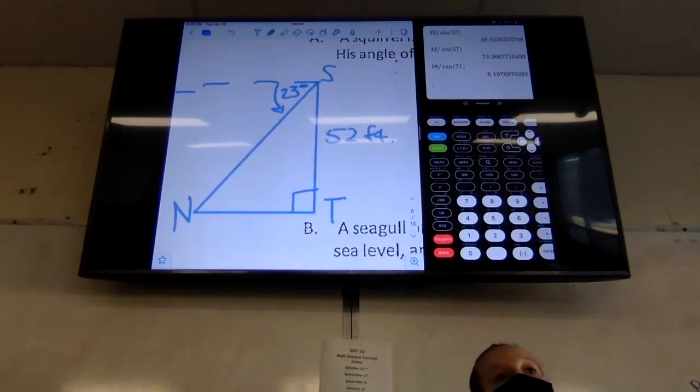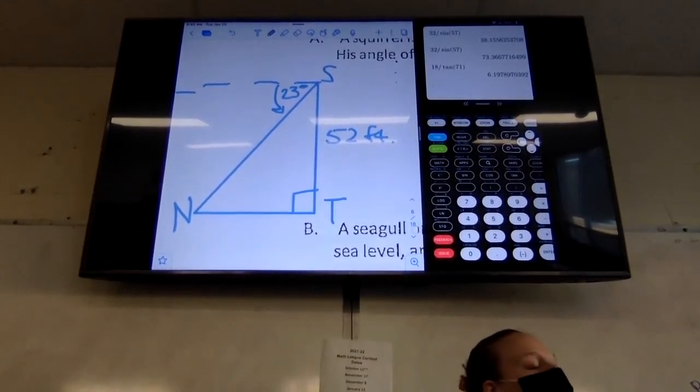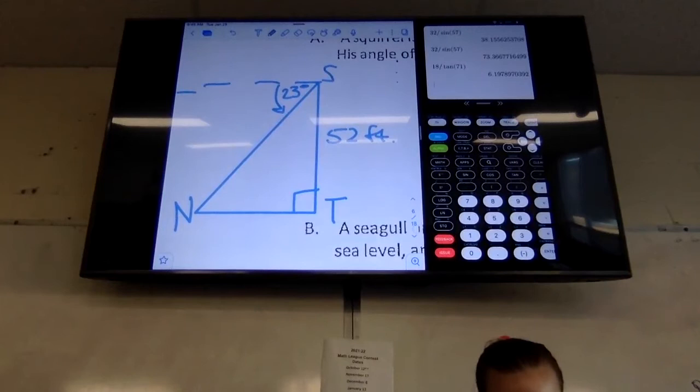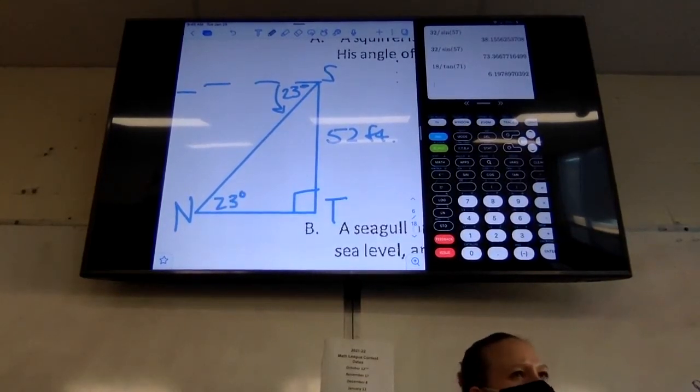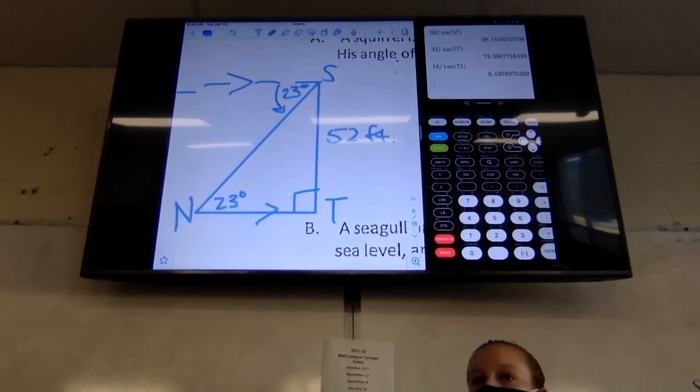Now, because that angle is 23 degrees, I actually can label the angle at N as also 23 degrees. Does anyone know why that is also 23 degrees? It's like the opposite. It's like the same. Good. Well, basically, I've got parallel lines and, do you remember this word?